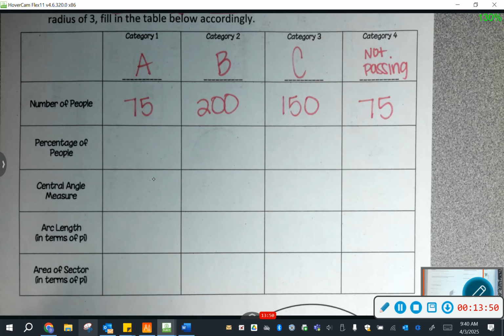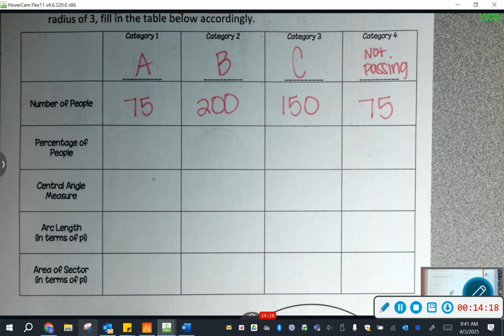How do we find the percentage of people here? How do you find the percent? What'd you say? No. How do you find the percent? What is the percent of A's that she has in her class? What would you do? Just think logically. How do we find percent of something?